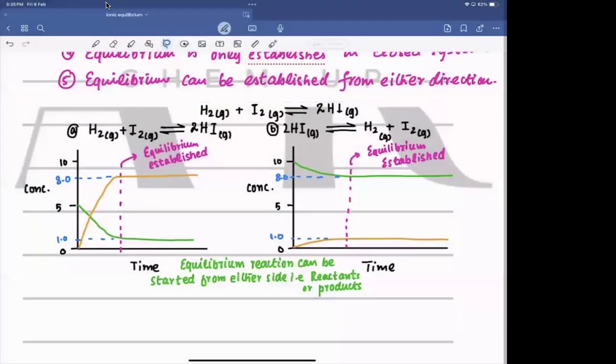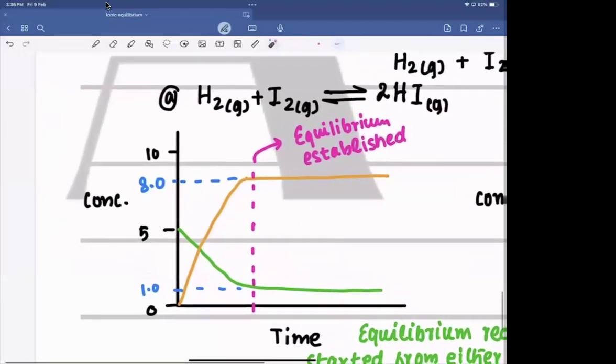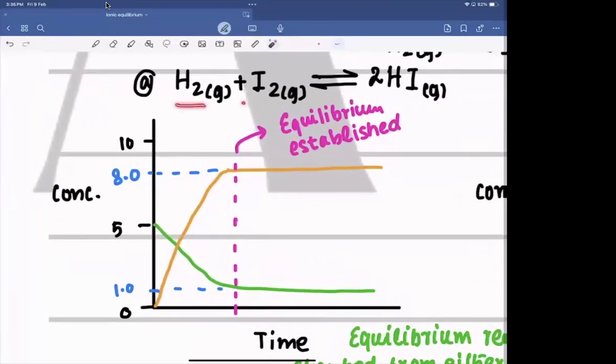Have a look over here. Let me explain this. See, this is the reaction. In this reaction, we have hydrogen and iodine, and they are reacting to form hydrogen iodide. So our reactants are hydrogen and iodine, right? Here, we have started the reaction by taking these two in the reaction vessel and allowing them to reach equilibrium.